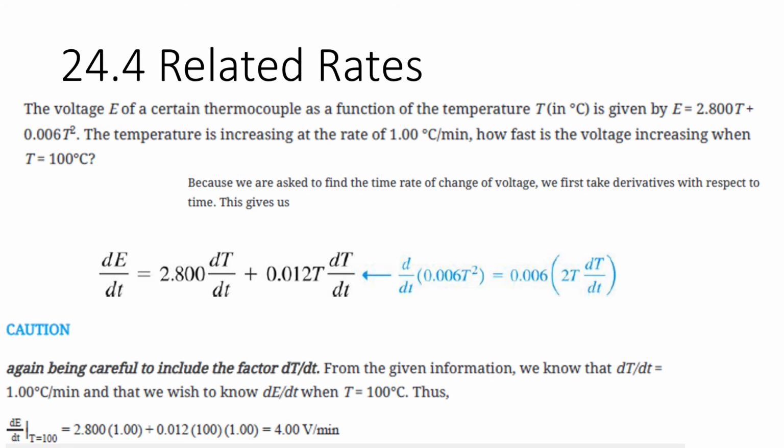And that's how I can tell that the voltage is going to be changing at 4 volts per minute after I plug in those. So those are related rates. That's when one thing is changing with respect to another. And there's a number of those examples in section 24.4 of chapter 24.